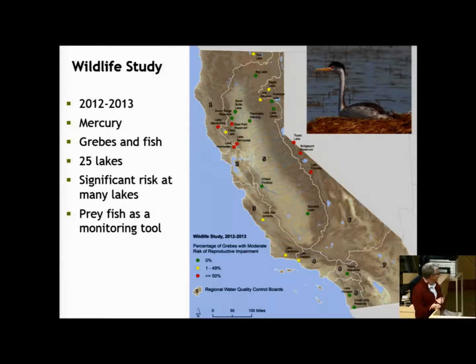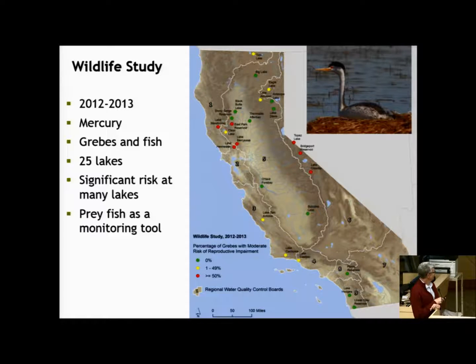I mentioned the wildlife study, and this map shows the data from that, where this effort focused just on mercury because of the risk to fish-eating birds. This is the western grebe; western grebes and Clark's grebes, closely related species, were what we sampled. We were able to do this at 25 lakes, and again, you see some red dots popping up.